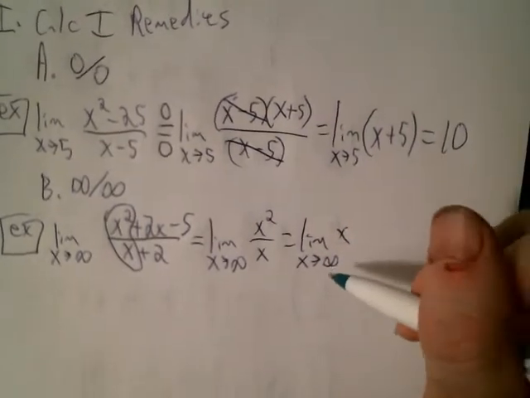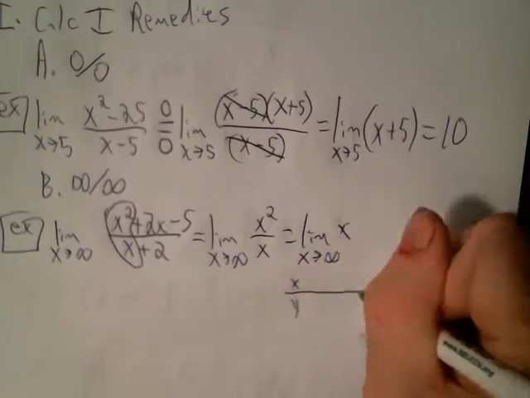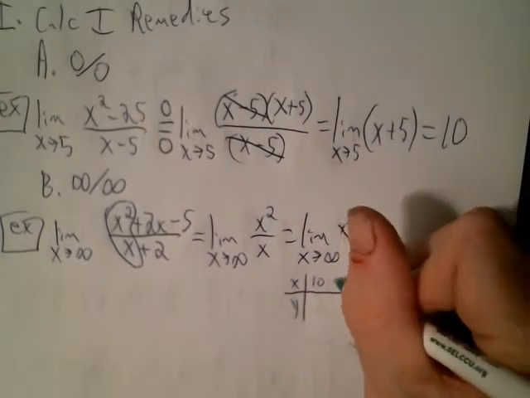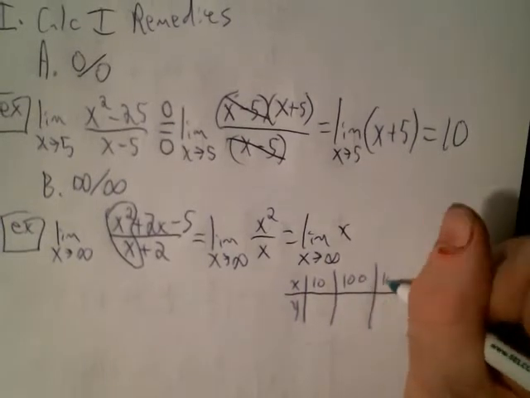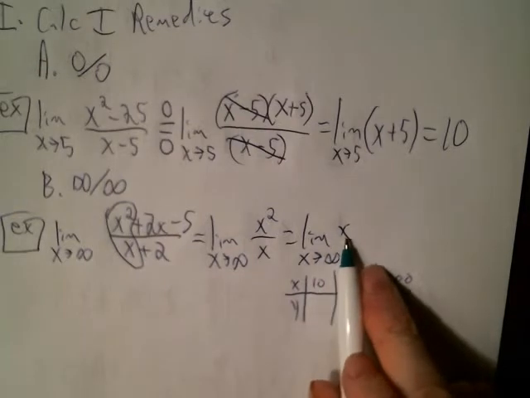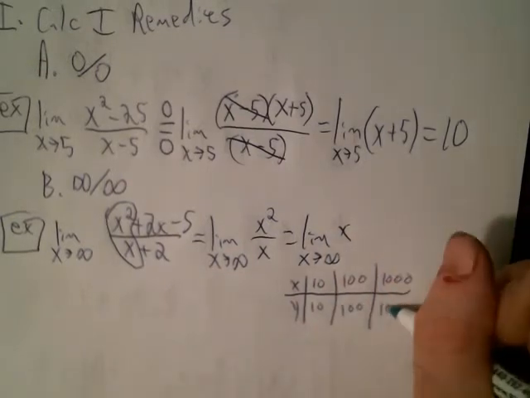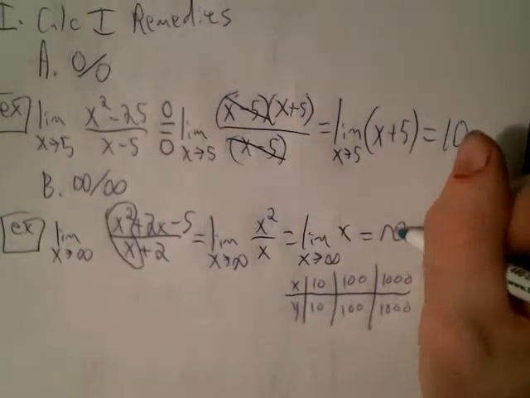So you could either think numerically or graphically here. Numerically, as x goes to infinity, 10, 100, 1,000, this function, which is our y equals x, that also goes to infinity. So this will be positive infinity.